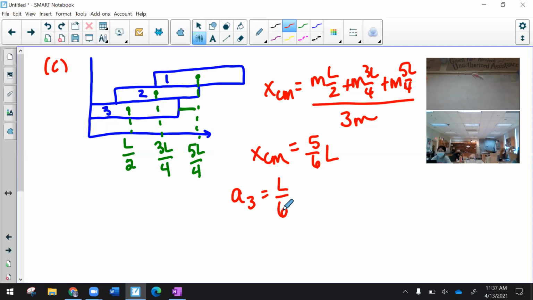So if I do this again, a 1/6 is what, 0.17? Right, 0.167, so we'll go with 0.17. That's like 17 centimeters. So this part has to be here.